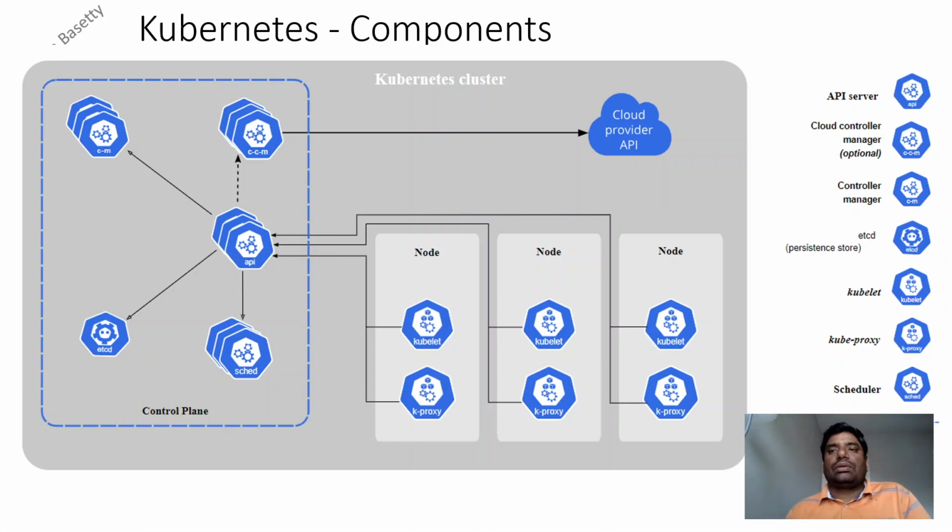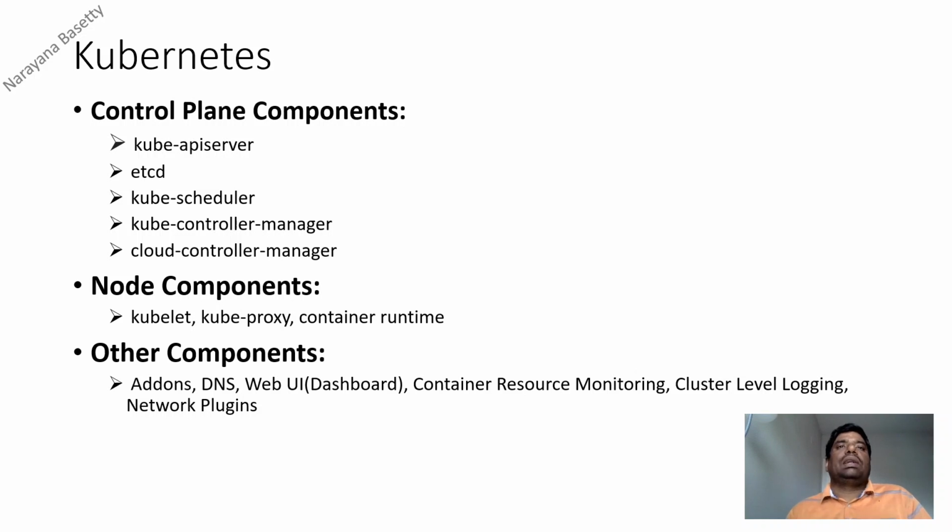Okay, so now let us understand what types of components Kubernetes uses underneath. Kubernetes components are categorized into different varieties. If you look at it, control plane components: kube API server, etcd service, Kubernetes scheduler, Kubernetes controller manager, and cloud controller manager, which is used if it is running in the cloud.